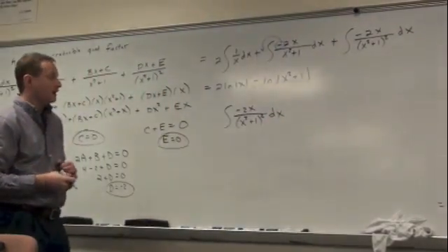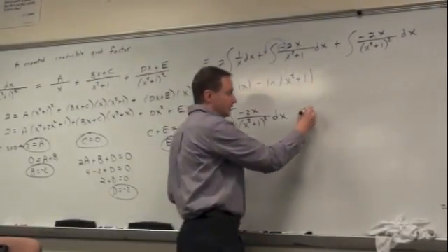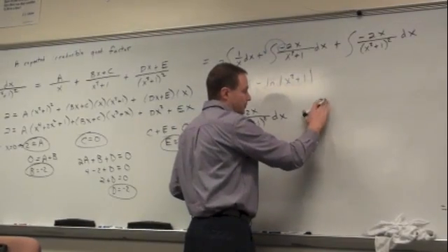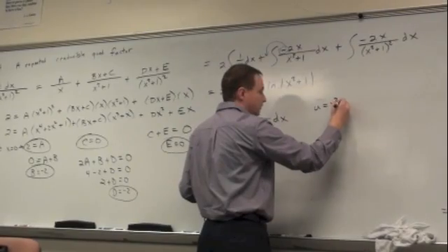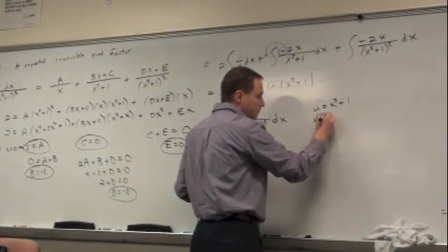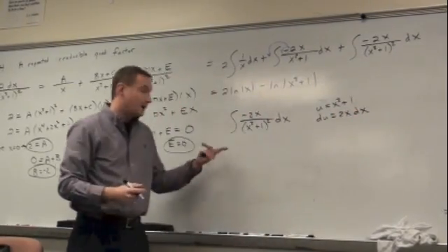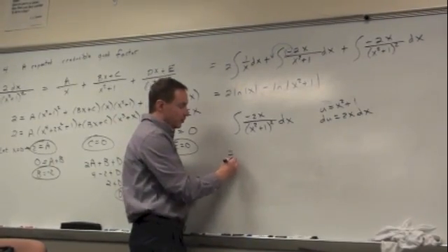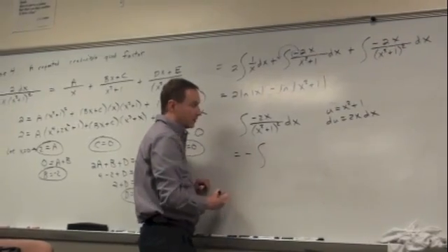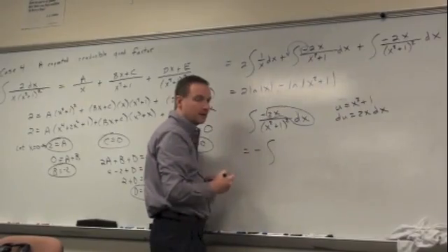Sure. I can do that. I was going to go ahead and just do a u substitution on it. Sorry, not u squared. U is going to equal x squared plus 1. So du is 2x dx. So I know I can simplify this in terms of u and say, well, this is going to equal the negative of the integral. 2x dx is all du.